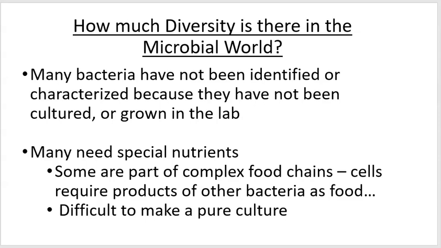If we make a pure culture with the two bacteria in there, the one that makes its own food is going to be able to survive, but the other one needs that first one around. By making a pure culture, you've gotten rid of the first one, which means you have to find the food that is appropriate for the second one. That can make it really difficult to make pure cultures, which is how we like to grow these things. Remember that when we look at microbes in the environment, they're growing as a community and interacting with a lot of other organisms, from other microbes to multicellular things like plants and animals.